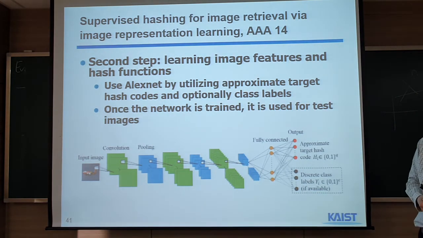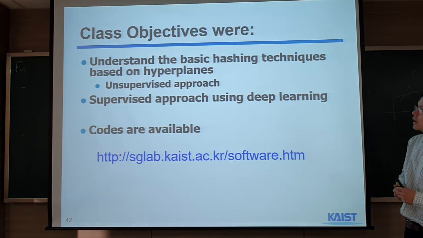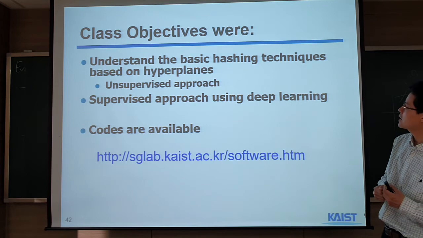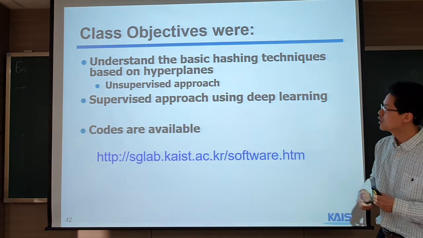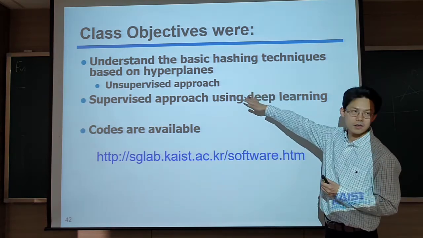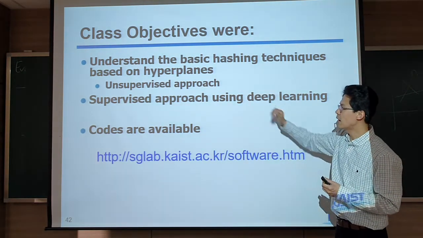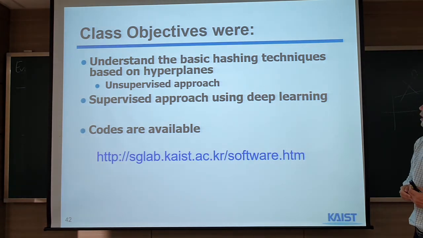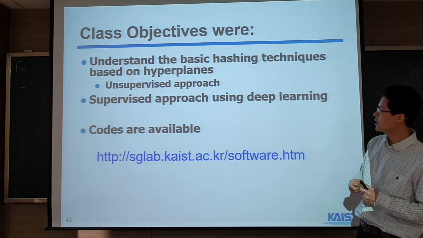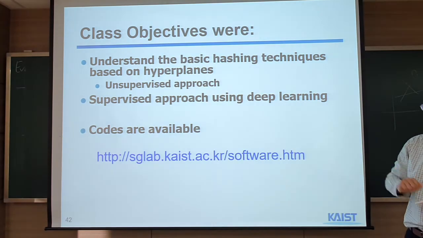If you're interested, I recommend you look at some of the following techniques. Okay, so far I talked about the basic hashing techniques based on hyperplane or hypersphere, which are unsupervised techniques where we don't use labels. But I also talked about one of the early supervised techniques using deep learning in some of the components.